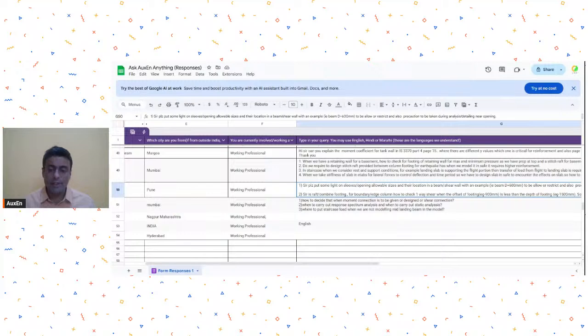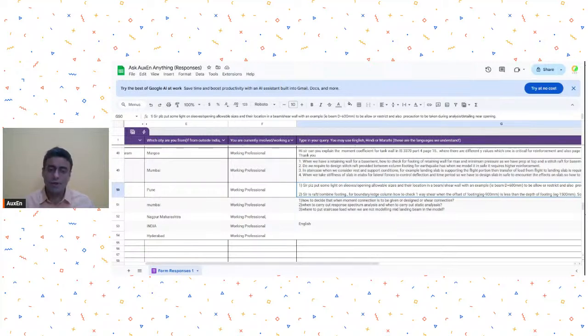But if your opening exceeds this size, then you have to model that opening in your wall, and then you need to study the effect of that opening. And of course, you need to strengthen the sides of the opening with additional reinforcement.